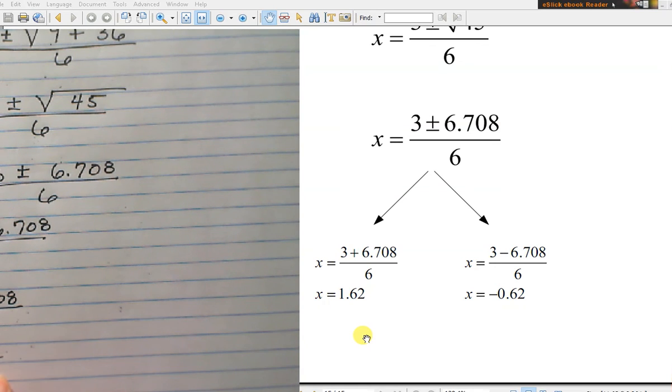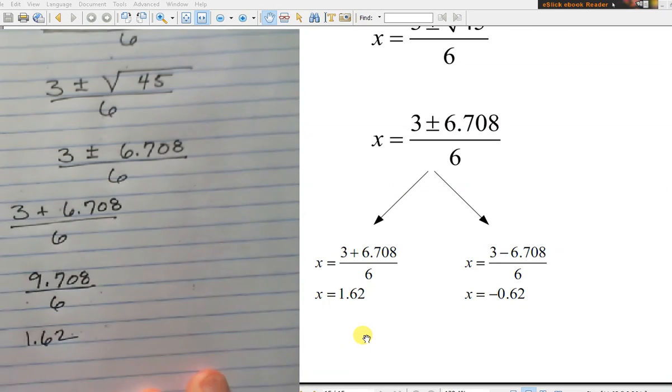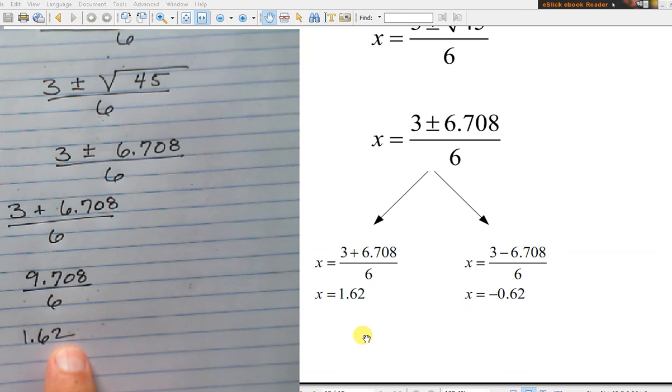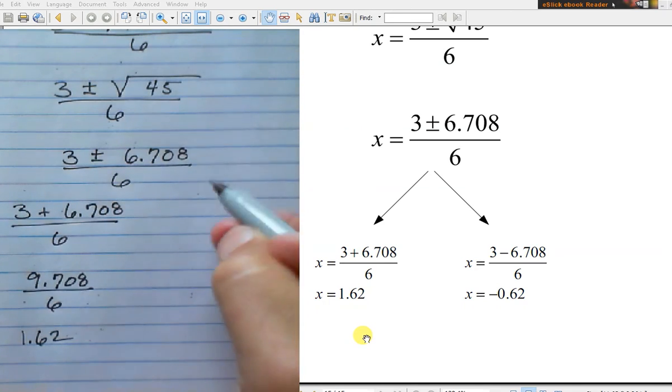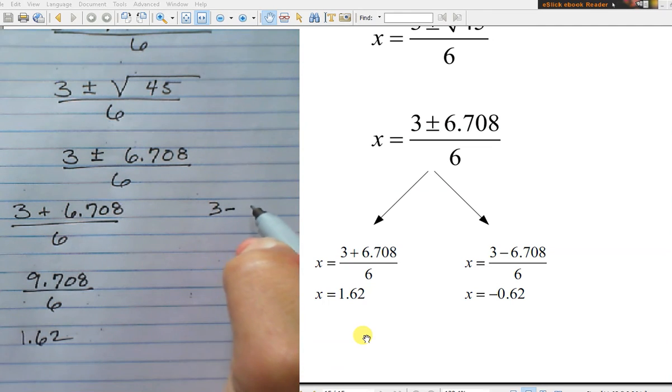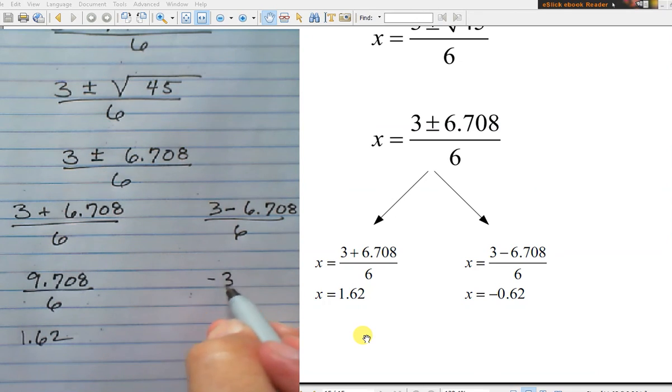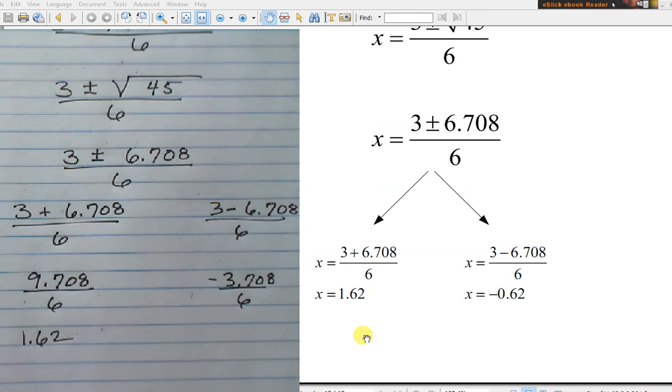IXL is going to expect you to take it to 2 decimal places, to the hundredths. And our other one would be 3 minus 6.708 over 6, which is negative 3.708 over 6, which is negative 0.62.